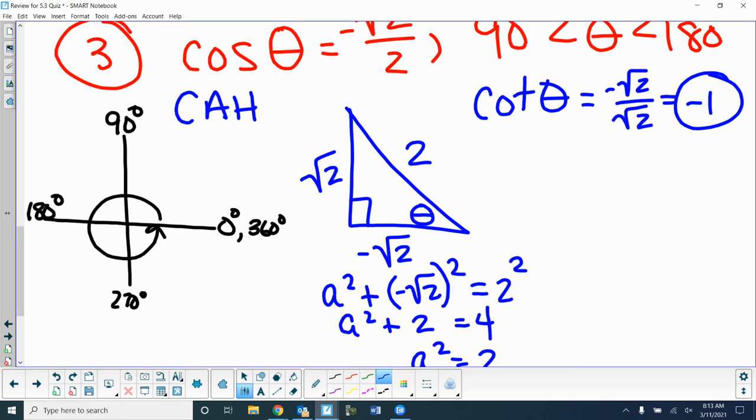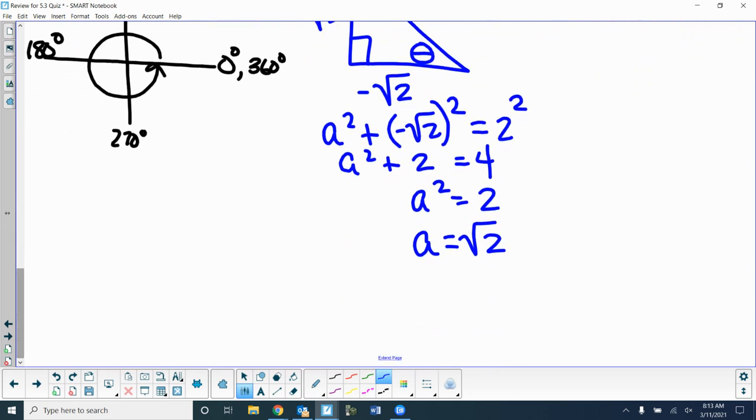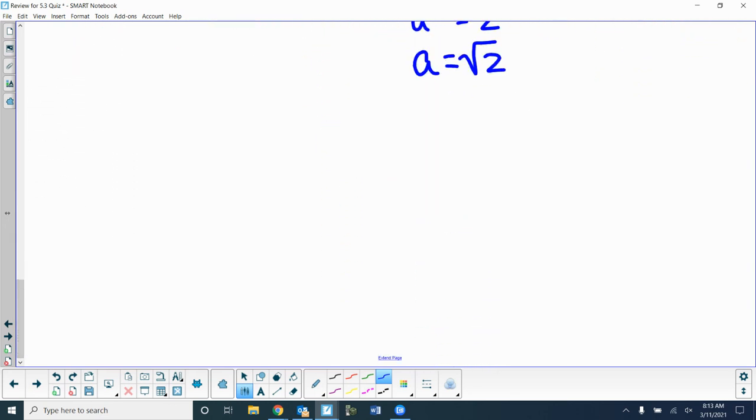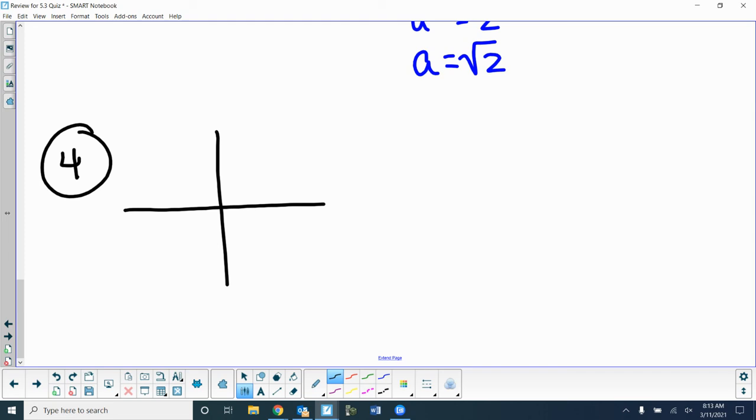Okay, number 4, 225. Where's that at? Third quadrant, right? So my triangle's down here in the third quadrant. Okay? So remember, that's 180. And that's 225. How do I find the difference between those?